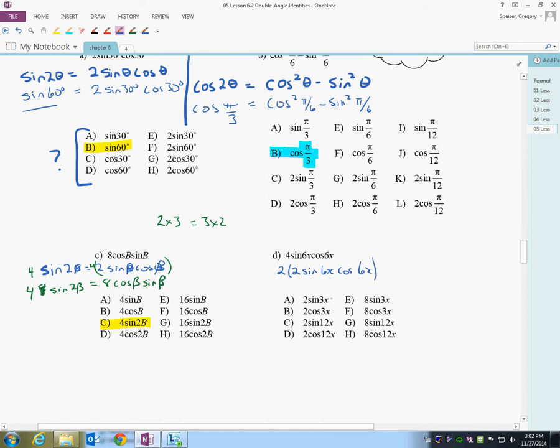Oh, but this is not the one I'm looking at here. Sorry. Oh, so yeah, that looks right. So that will be equal to 2 times the sine of 2 times 6x, which is 12x. Okay? So 2 times the sine of twice the angle.